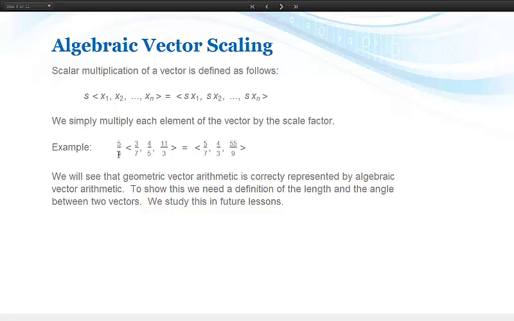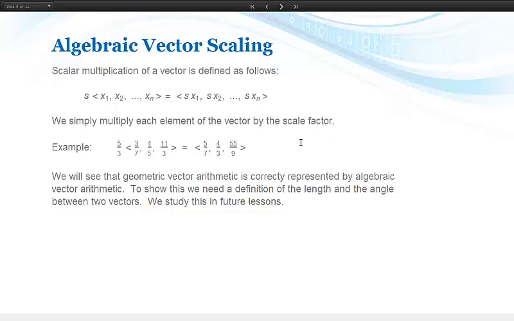We multiply 5/3 by the vector 3/7, 4/5, 11/3. Well, 5/3 times 3/7 is 5/7. 5/3 times 4/5 is 4/3. Nice cancellation there. And finally, 5/3 times 11/3 is 55/9. And so that's the resulting vector.